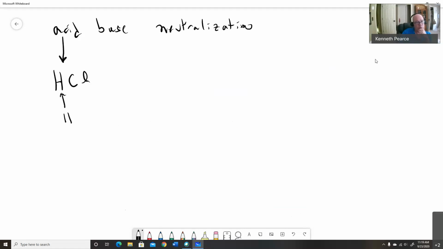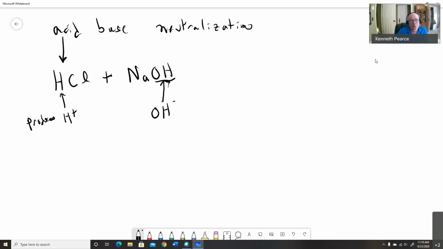And the H produces H plus. That's what makes an acid an acid. And a base is something that produces OH minus. This is OH minus on here. So that's how you can tell if you have an acid. It's going to have an H in the front. And you can tell that it's a base. It has an OH in the back.